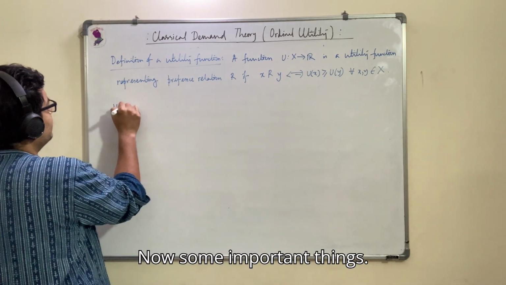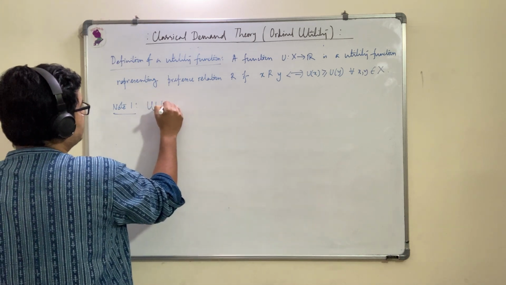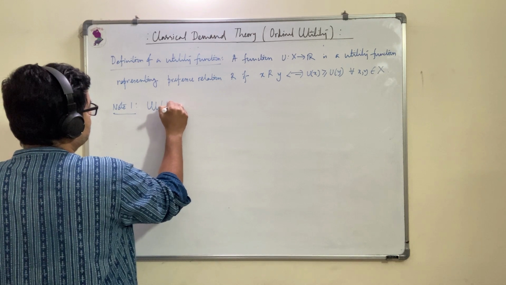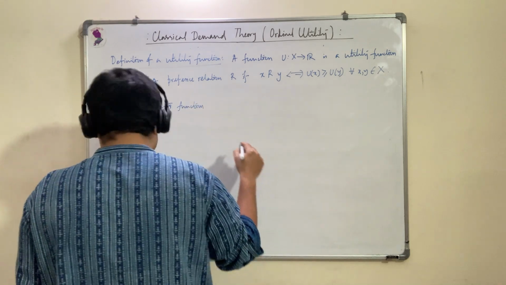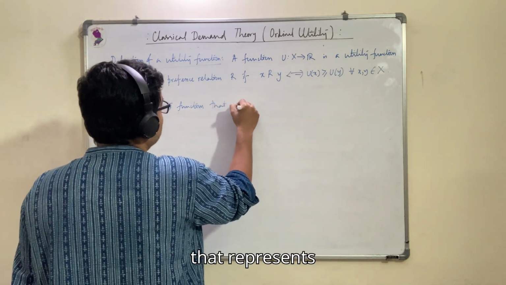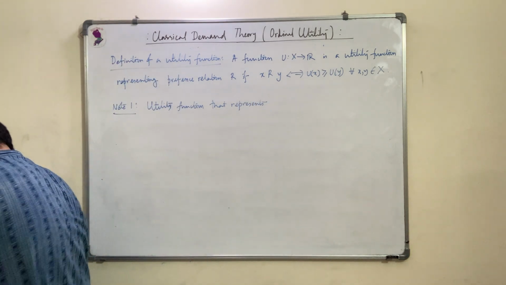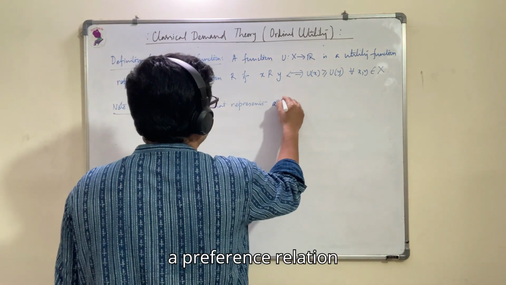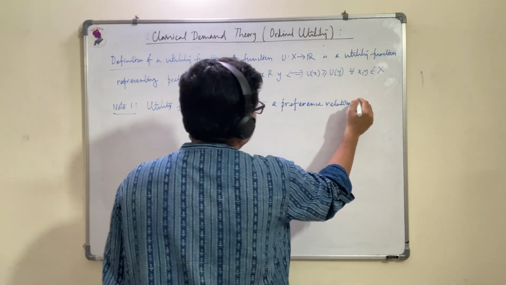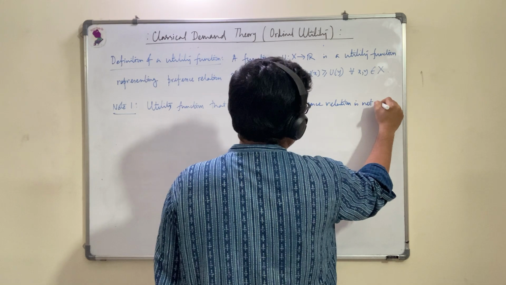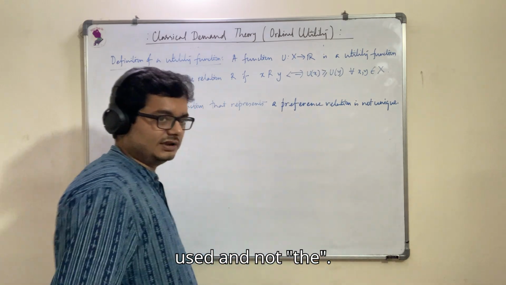Now, some important things. Number 1, a utility function that represents a preference relation is not unique. That's why the article 'a' is being used and not 'the'.